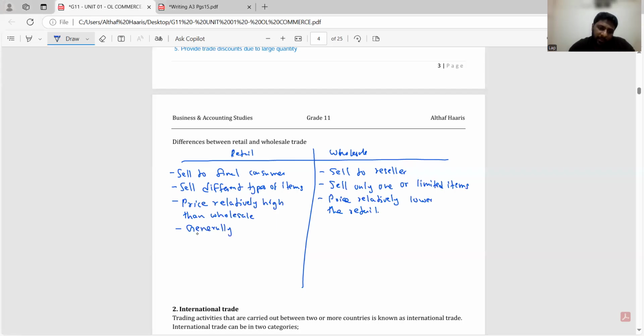Retail: generally sell on listed price. Wholesale: generally give trade discount due to large quantity.